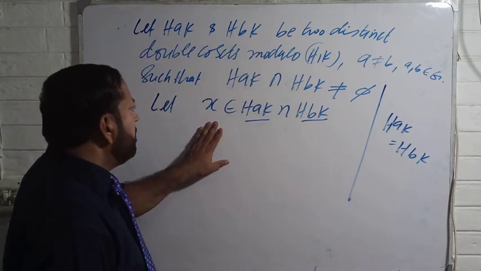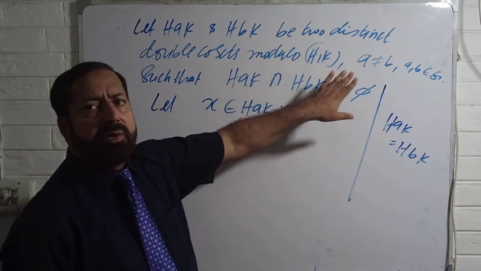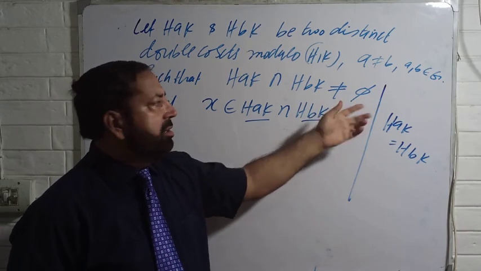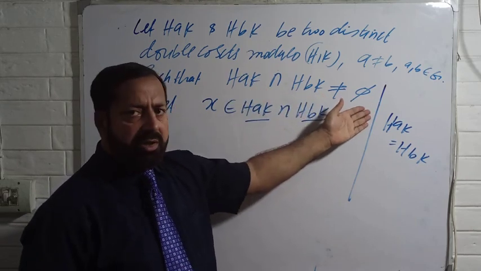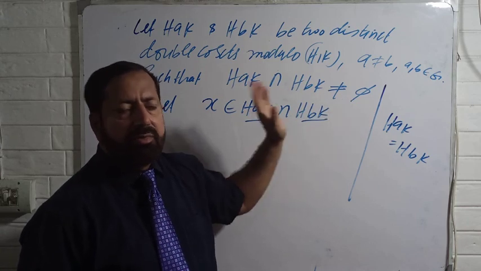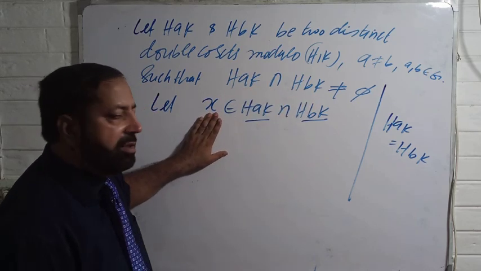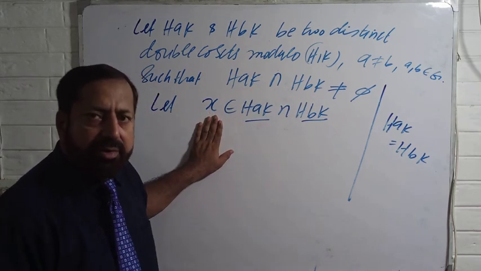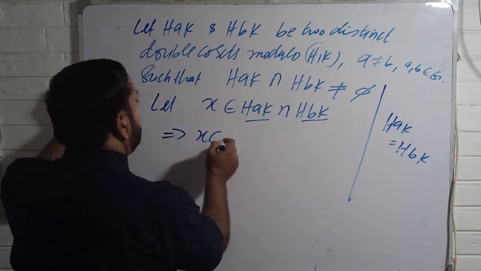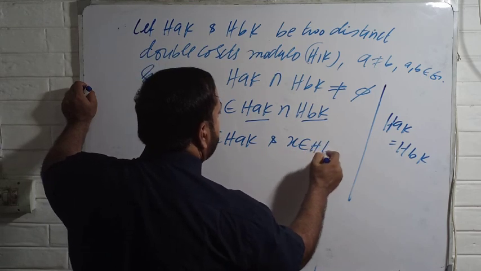Since they have some intersection, their intersection is non-empty, so they have some elements common to HAK and HBK. Let X be such an element. Then X belongs to HAK and X belongs to HBK.